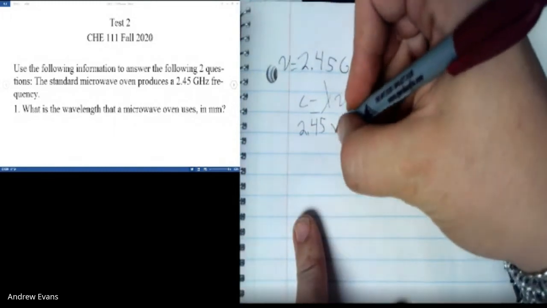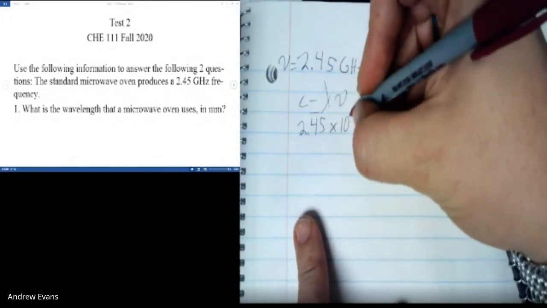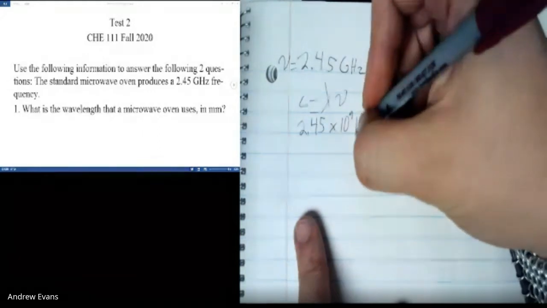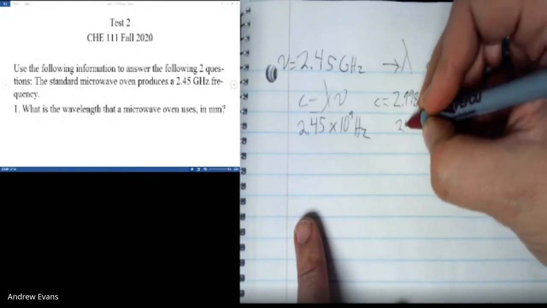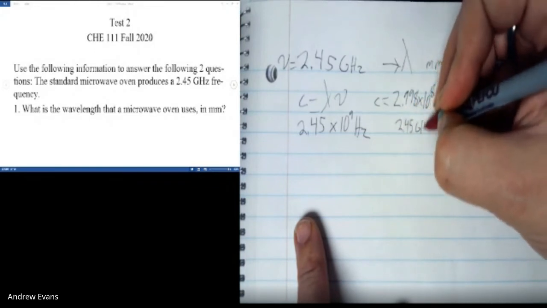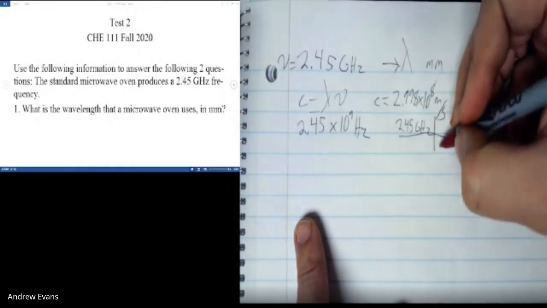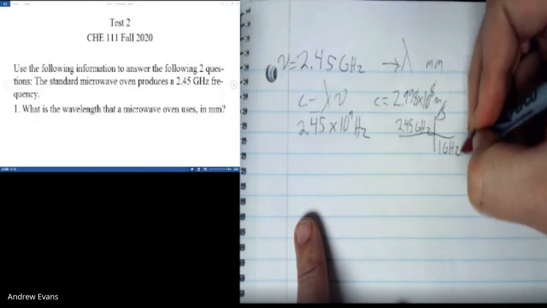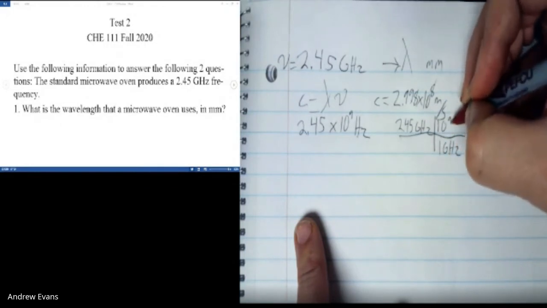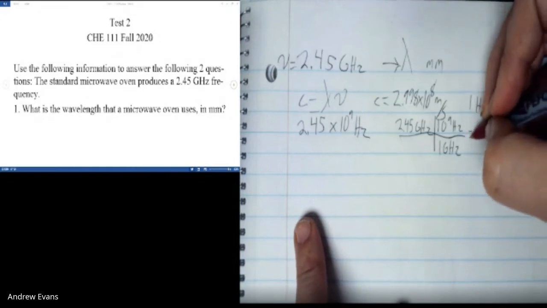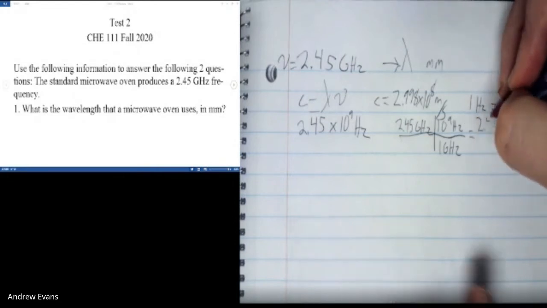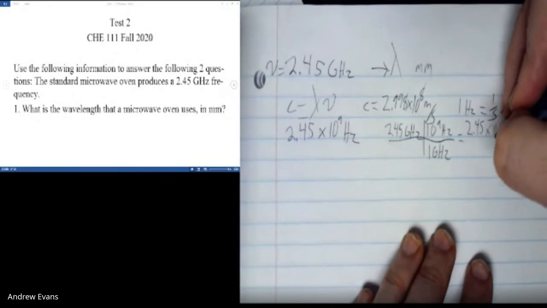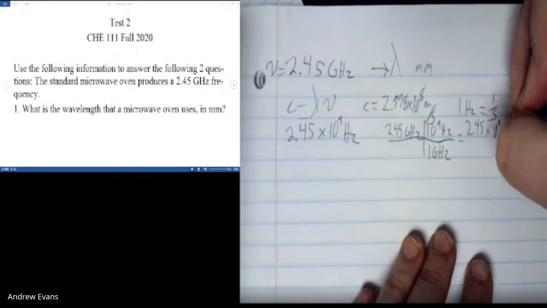So gigahertz is 10 to the 9th hertz. So how did I do that? 2.45 GHz, and in 1 GHz there is 10 to the 9th Hz, which gives 2.45 times 10 to the 9th inverse seconds.